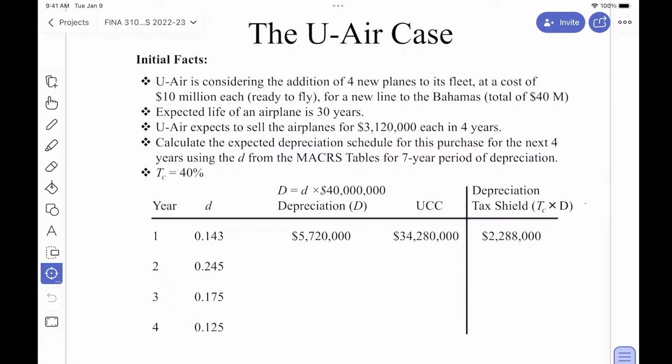And this represents the undepreciated cost of capital. That's what UCC stands for.